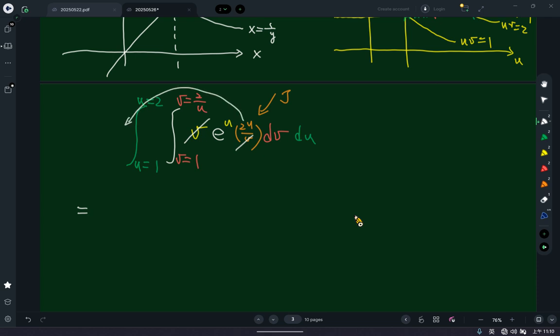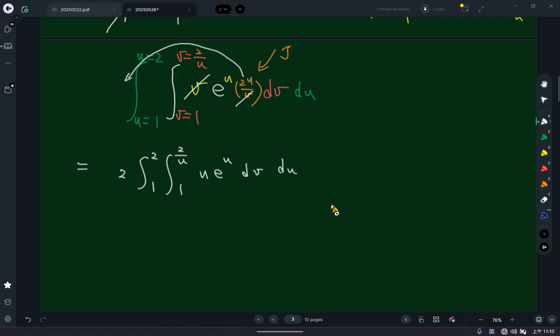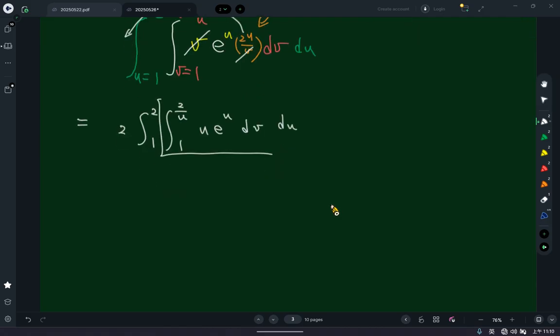So we will have 2, integral from 1 to 2, integral from 1 to 2 over u, u e to the power of u, dv, then du. So for this inner part, it's easy, right? Because you just integrate in terms of v. So for u, e to the power of u, they are all constant.